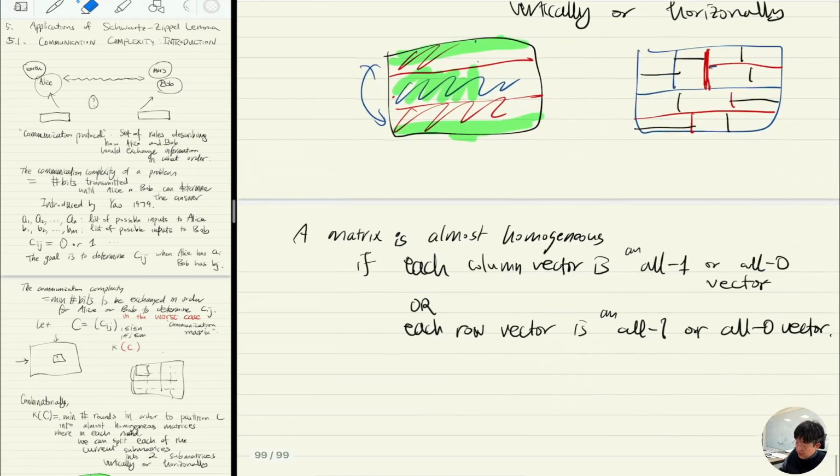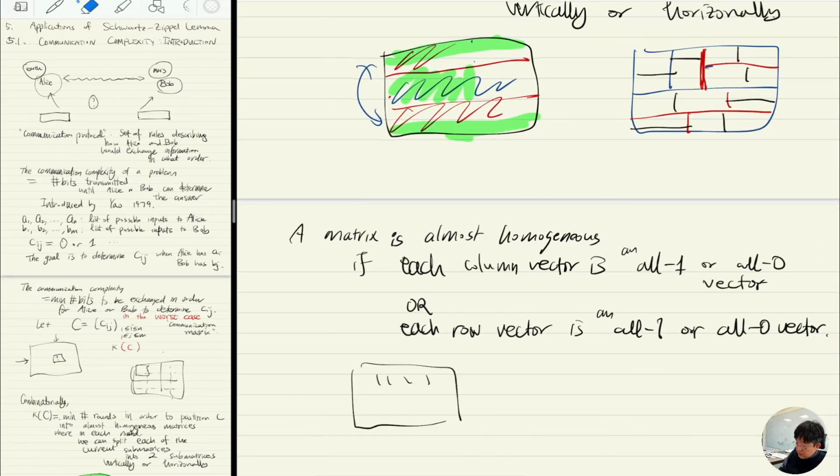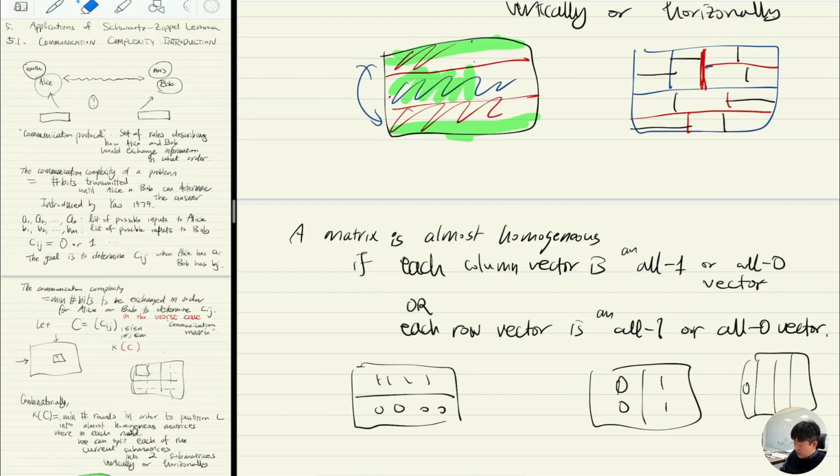So what does that mean? For instance, this is 0 and that's 1, or you have many combinations, like 0, 1, 0, 1. So these kinds of matrices I call almost homogeneous.